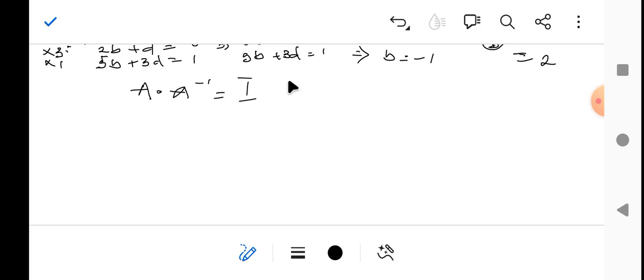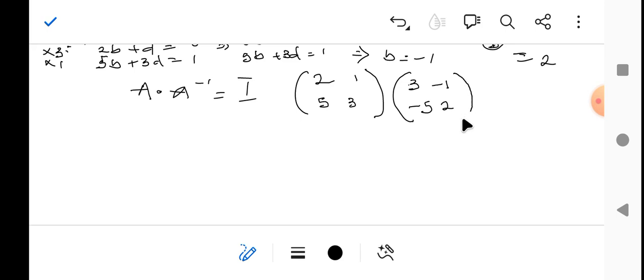Our matrix A was 2, 1, 5, 3. Then our matrix inverse is 3, minus 1, minus 5, then 2. Good. So this should be equal to 1, 0, 0, 1. Now let's multiply and see if it is true.